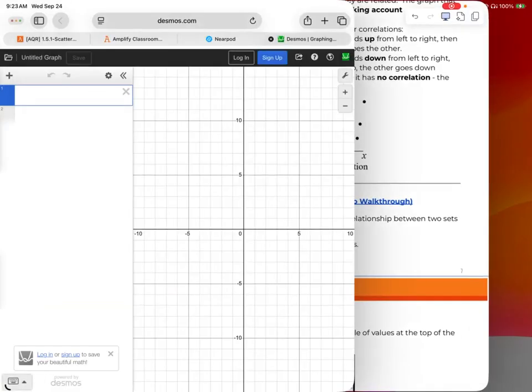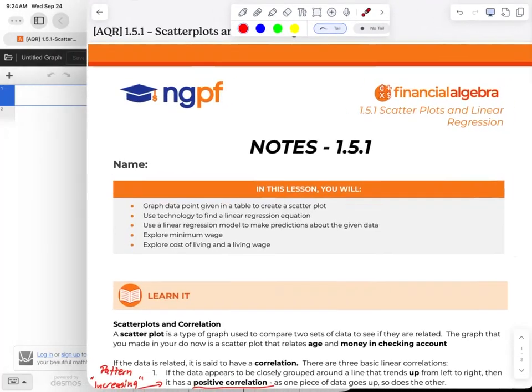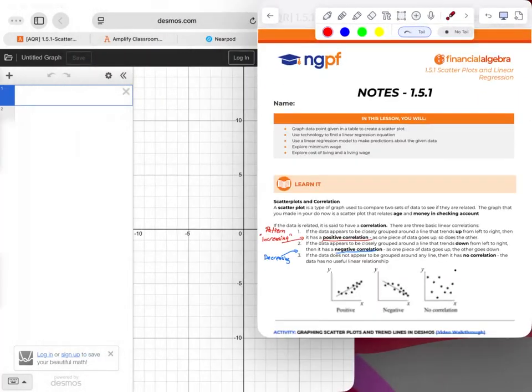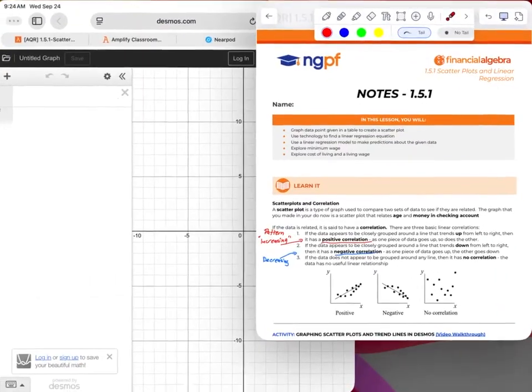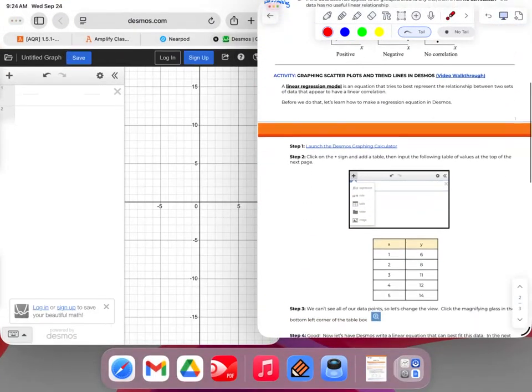Organize this screen a little bit. All right, does that look good?